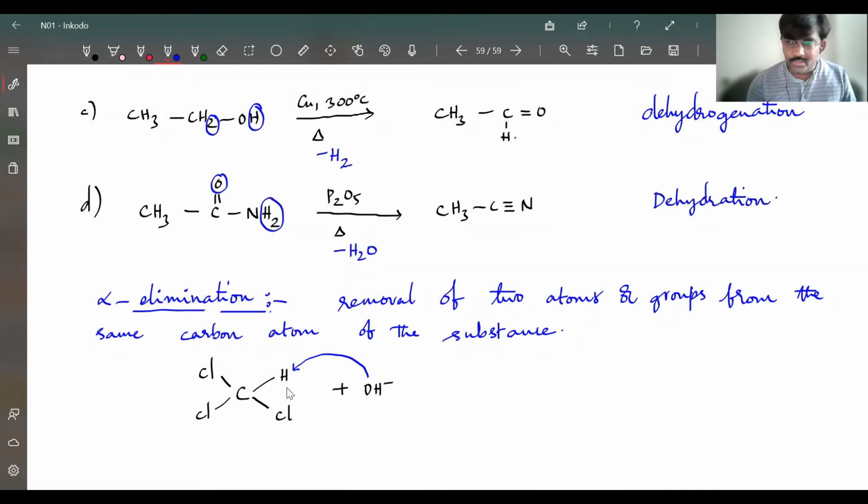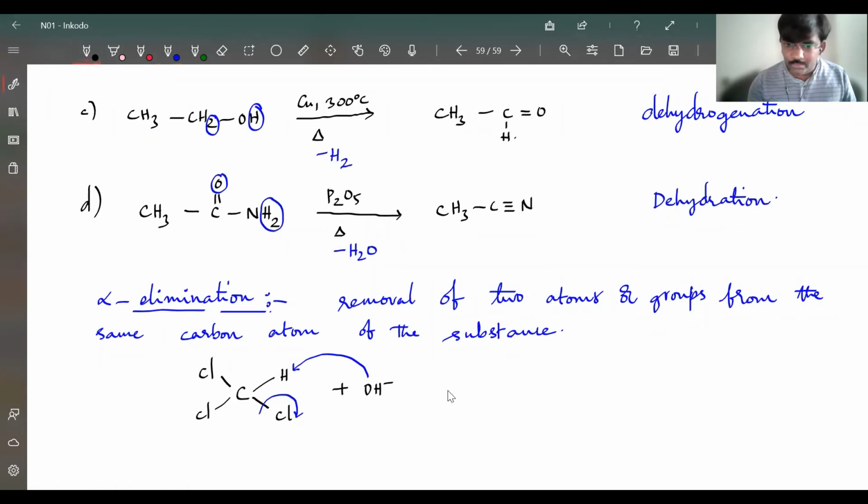So it will take out the hydrogen from the molecule. And at the same time, when hydrogen is removed, immediately the chlorine also will come out of the compound, with that sigma bond, as Cl minus ion.